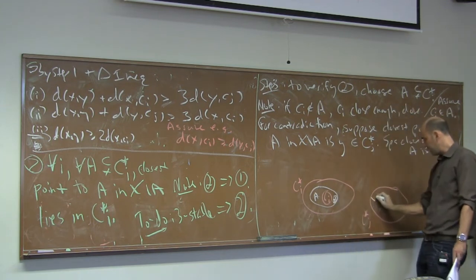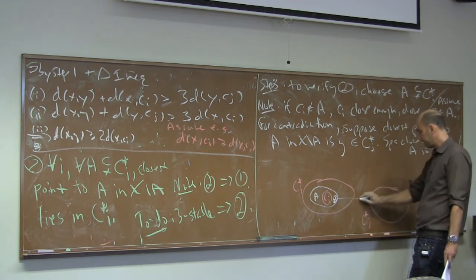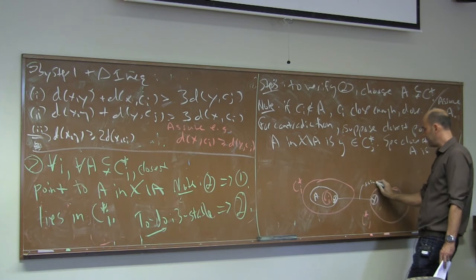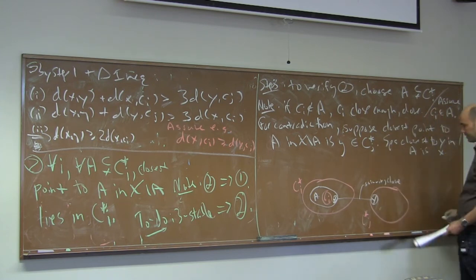We've got this allegedly quite close Y over here. So we're assuming close, basically. That's how we're starting the contradiction.